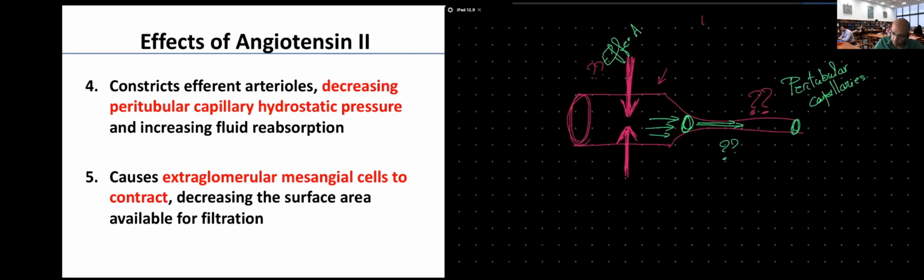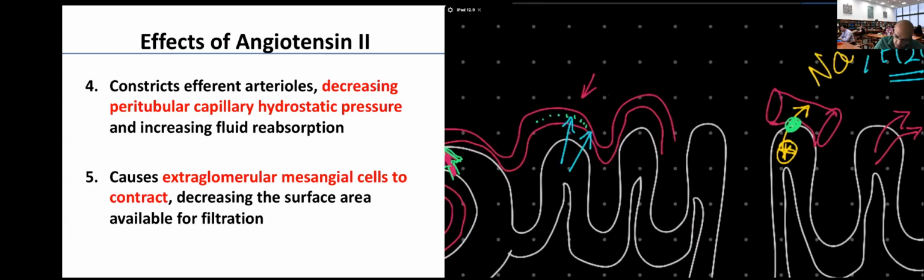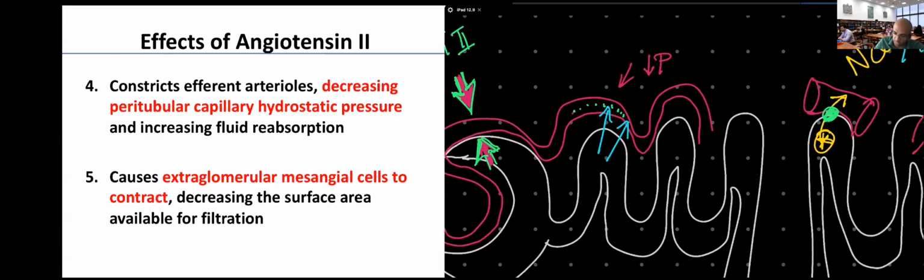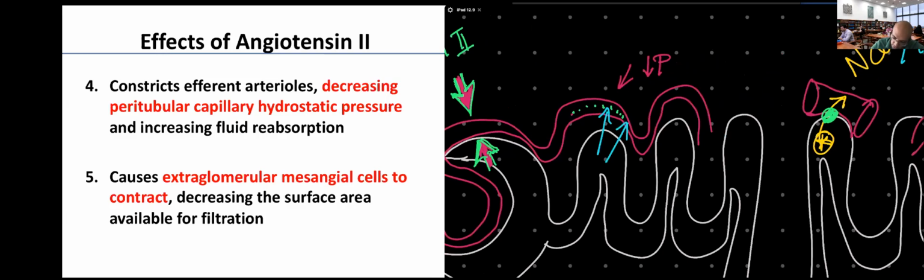So you see, I constricted the efferent arteriole. And as I constrict the efferent arteriole, what happens to the pressure in my peritubular capillary? Decrease. And if I decrease the pressure within my peritubular capillaries, what's going to happen to the ability of the fluid to move back into the peritubular capillaries?